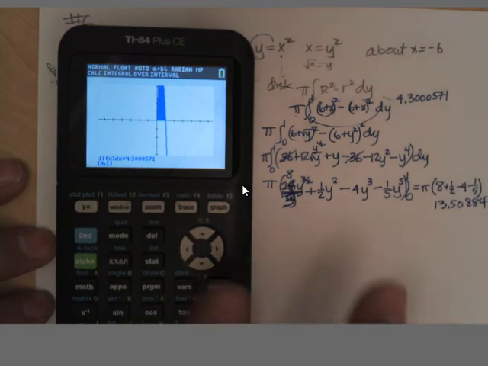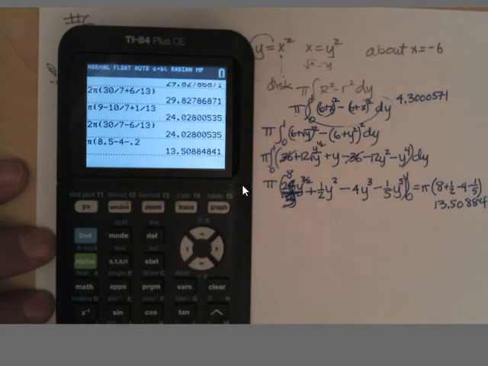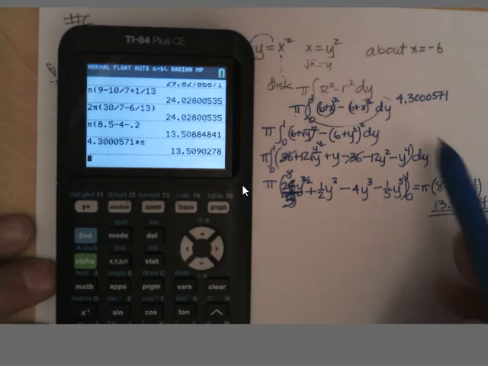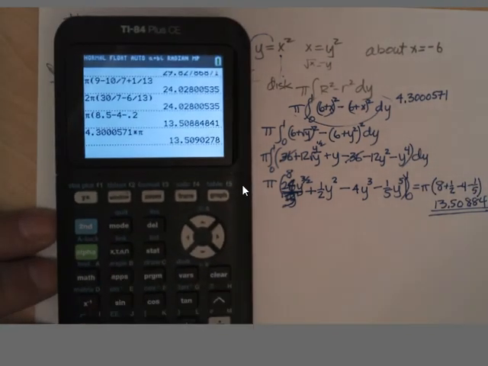And then if I take that times pi, I get 13.509 instead of 884. So this is more accurate than that one is. This is an approximation, but we're matching up.